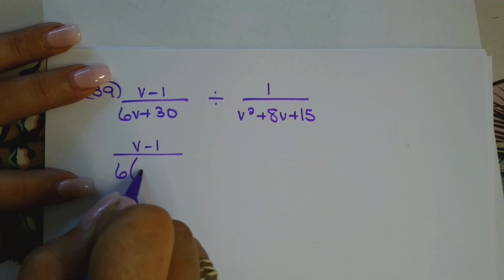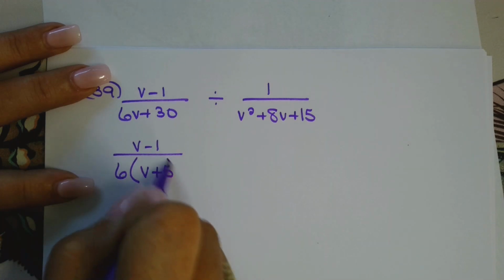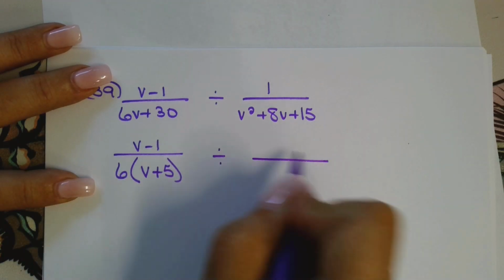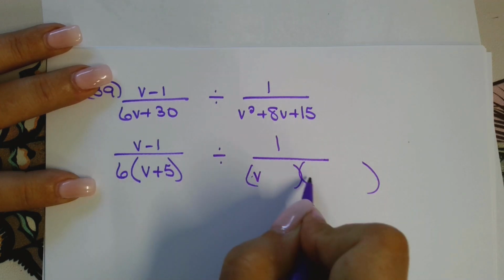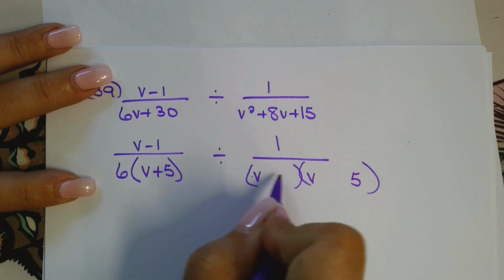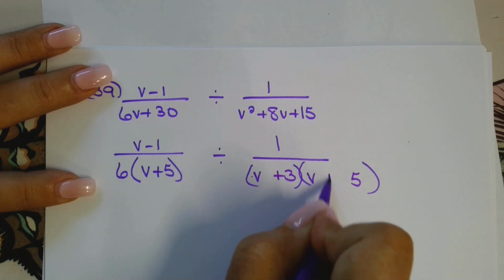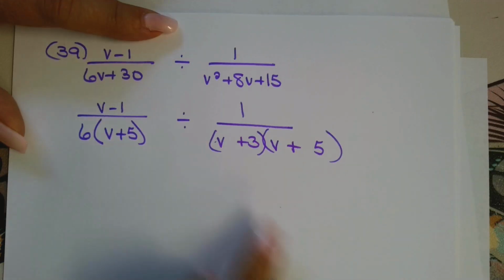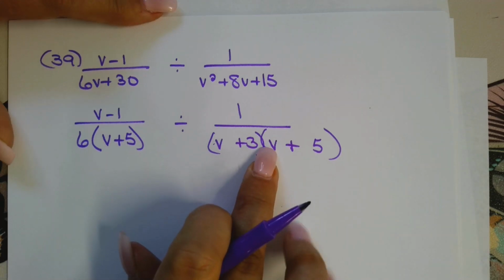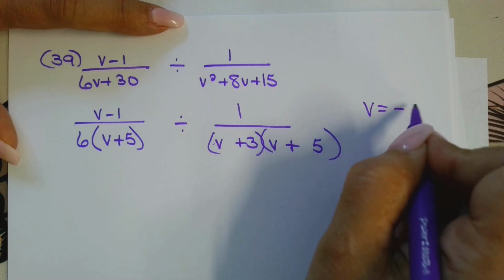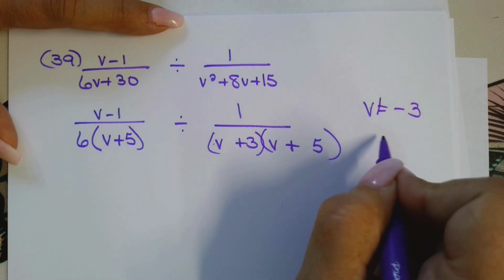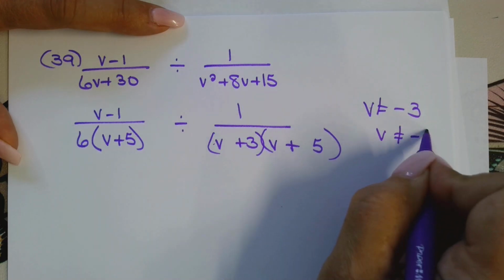This is 6 times v plus 5. This is v, 5, 3, plus and plus. So by looking at this, what would make this 0, which would make it undefined, would be -3. So it cannot be -3, and it cannot be -5.